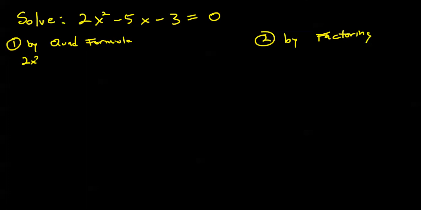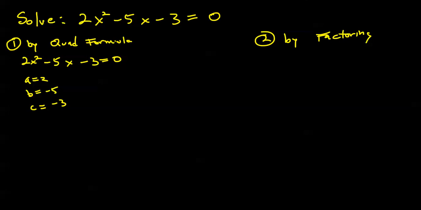Alright, when I'm attempting to solve things via the quadratic formula, I like to explicitly write down my a values, my b values, and my c values. It keeps me from making perhaps silly errors, sign errors, that kind of thing.